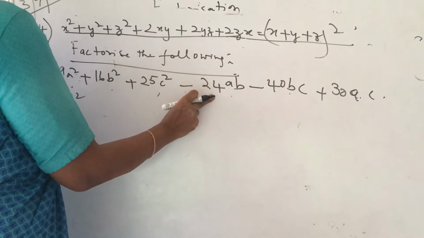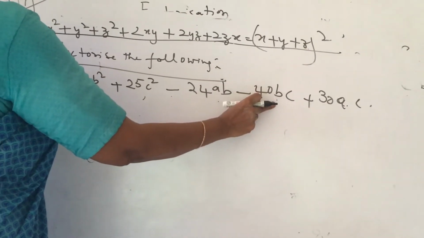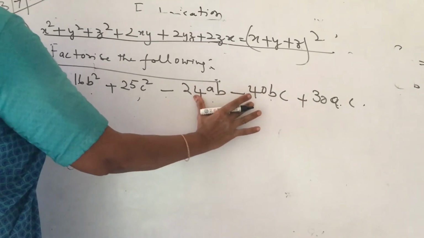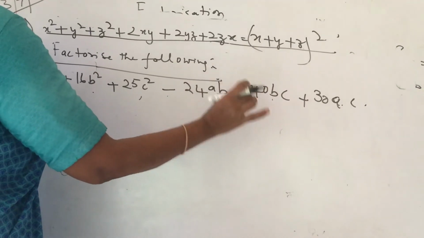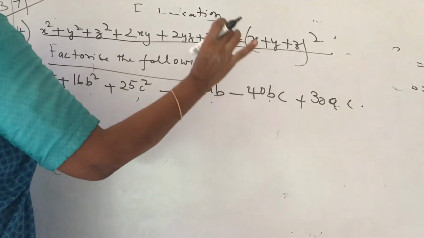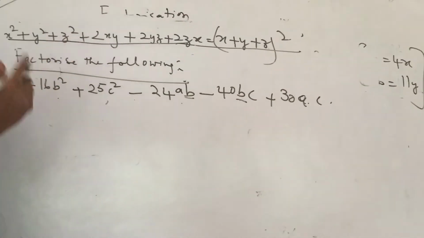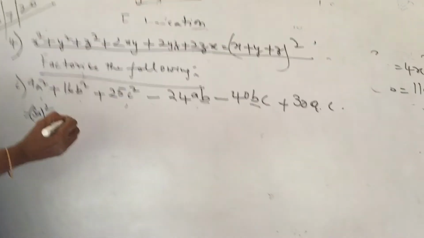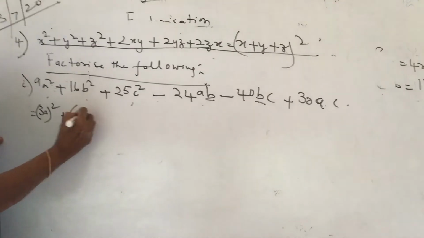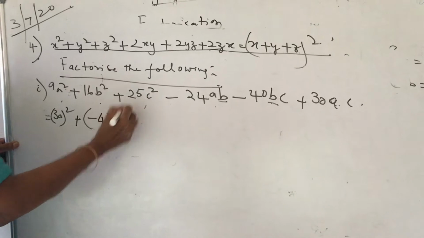Minus 24ab minus 40bc are both negative. But in these negative terms, which is the common unknown? B is common. So b will be negative. Minus 4b the whole square.